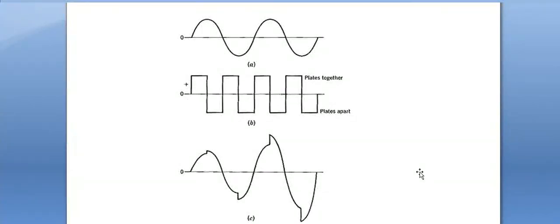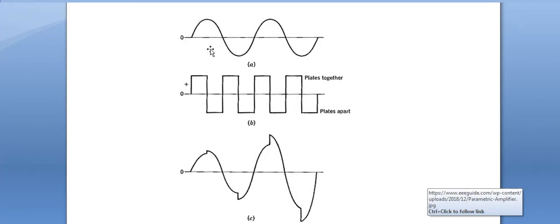Now let us see the parametric amplifier working. The introduction laid down the basics of parametric amplification, and this particular figure illustrates the process. It will be seen that the voltage across the capacitor is increased by pumping at each signal voltage peak.